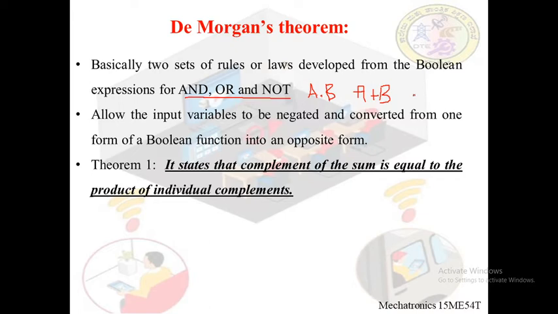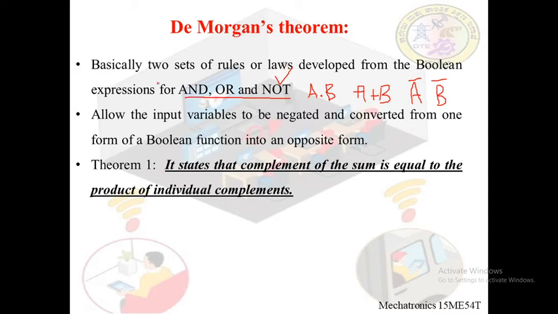Whereas NOT operation, if we remember, is just the inverse operation. If the input is A, it will generate A bar. That is, if 0 is the input, it will give 1. If 1 is the input, 0 will be generated. If B is the input, B complement or B bar, B inverse will be generated. That is the function of NOT gate. It allows the input variables to be negated and converted from one form of Boolean function into the opposite form.